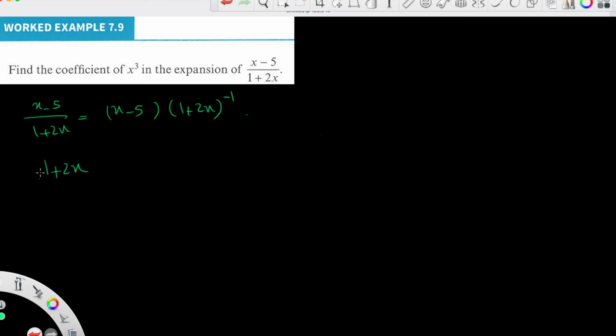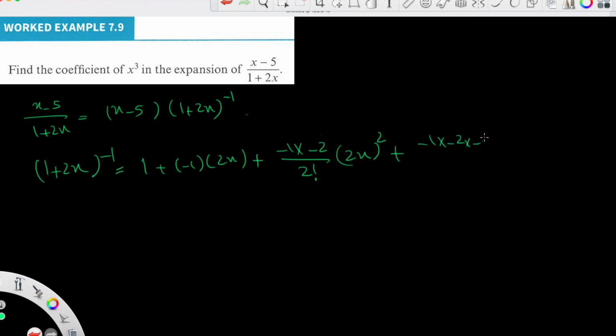So n is negative 1, so it will be 1, then nx, which is negative 1 times 2x, plus n times n minus 1, which is minus 1 times minus 2 over 2 factorial, 2x to the power of 2, and up to x cubed, minus 1 times minus 2 times minus 3 over 3 factorial, 2x to the power of 3.